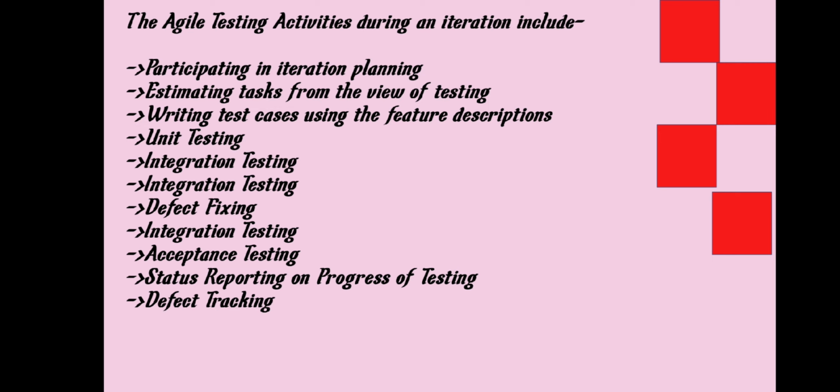Next topic is the Agile testing activities during an iteration, which include participating in iteration planning, estimating tasks from the view of testing, writing test cases using the feature descriptions, unit testing, integration testing, defect fixing, acceptance testing, status reporting on progress of testing, and defect tracking.